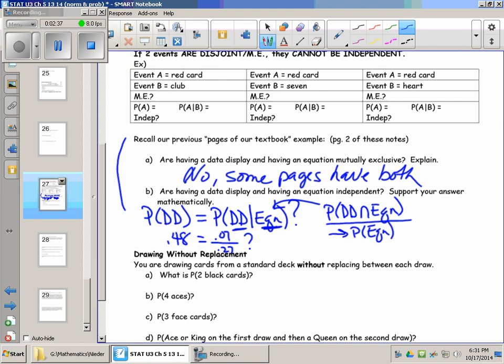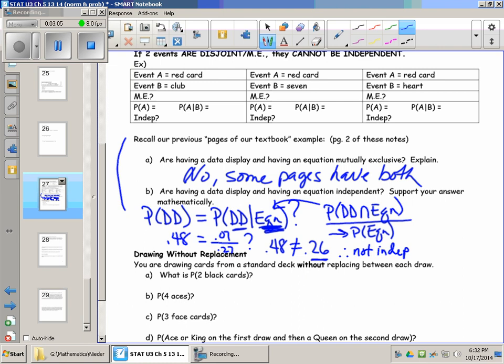So compute that 0.07 divided by 0.27, and you should find that, no, they are not the same. 0.07 divided by 0.27 is approximately 0.26. Okay? So they are not the same, so therefore, they are not independent. Not independent. It appears that having the equation on the page made you less likely to have a data display, versus just the probability of having a data display.